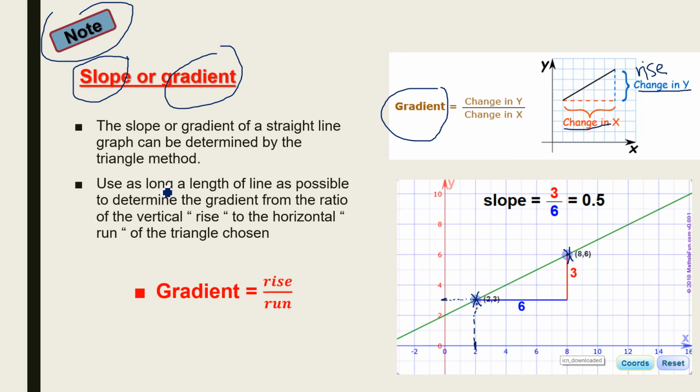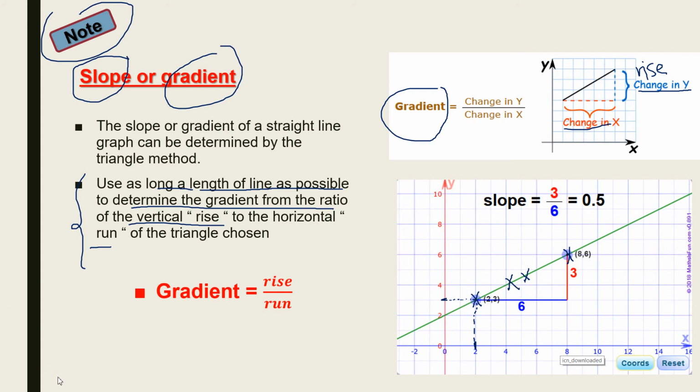You use as long a length of line as possible to determine the gradient from the ratio of rise over run. What does this mean? Girls, to make it easier for you, don't choose 2 points that are very close to each other. When you use 2 points that are very close, it will be hard to find the rise and run.